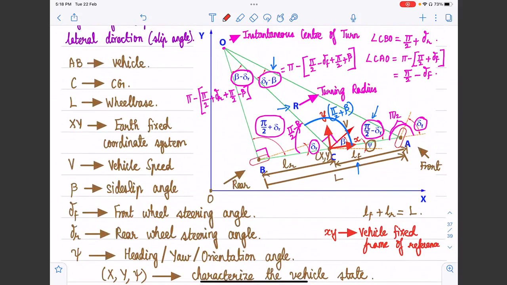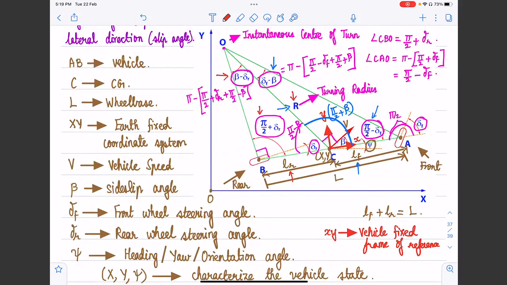If we consider the triangle OBC and use the same sine rule, we will have sine of (beta minus delta R) divided by LR. That's going to be equal to sine of (pi/2 plus delta R) divided by capital R.